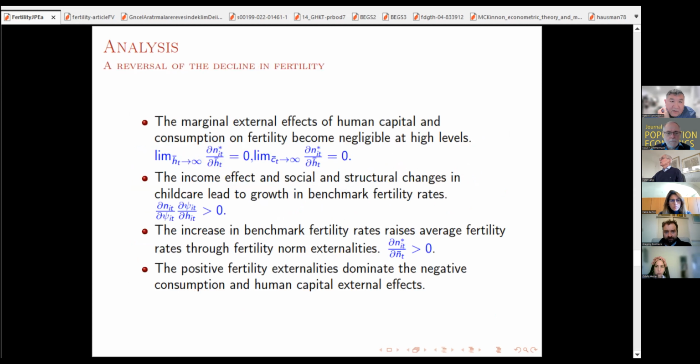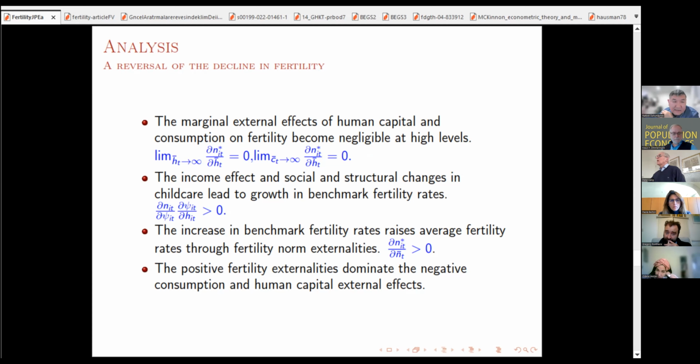So given all this, it turns out we can explain not only the steep decline in fertility, because the steep decline in fertility is caused by this additional effect of the consumption externality and the human capital externality.